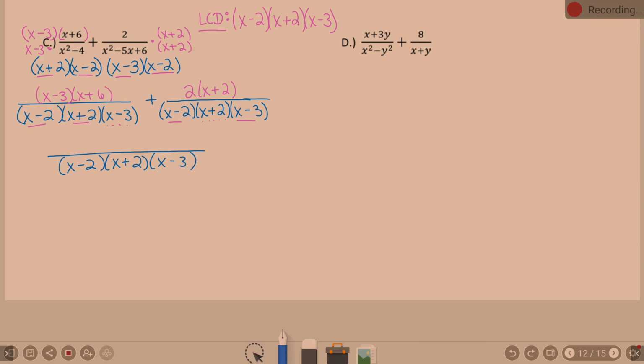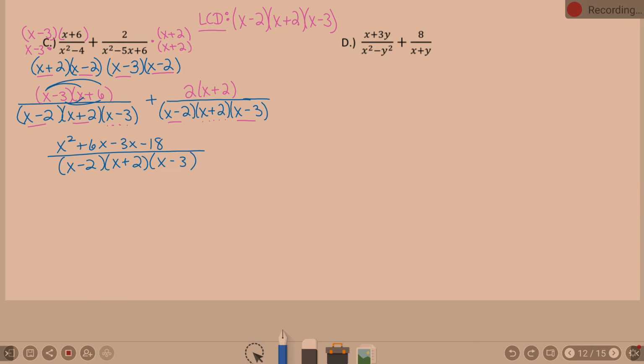We just have to get to it. In order to multiply x minus 3 and x plus 6, we are FOILing. So, x squared, outsides, plus 6x. Distribute minus 3: minus 3x, minus 3 times 6, minus 18. I'll clean that up in a moment.